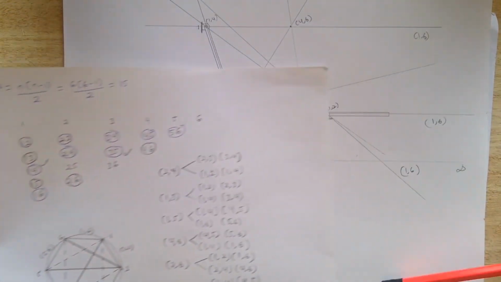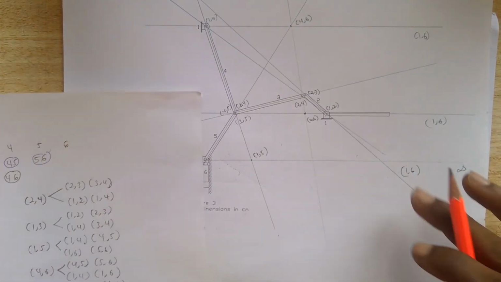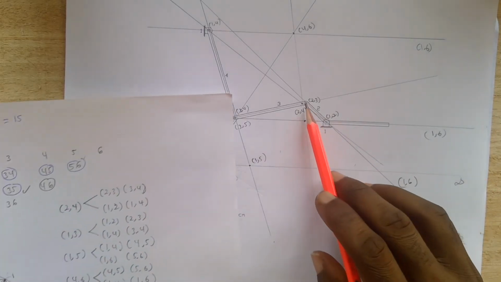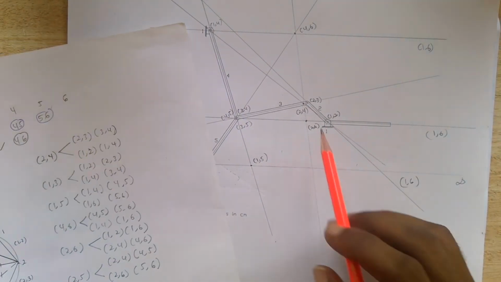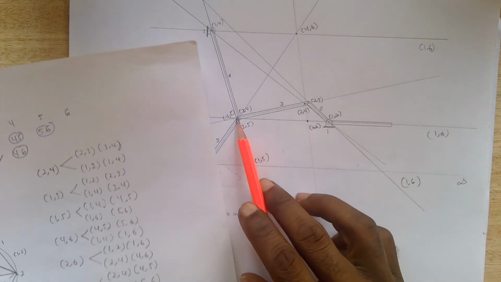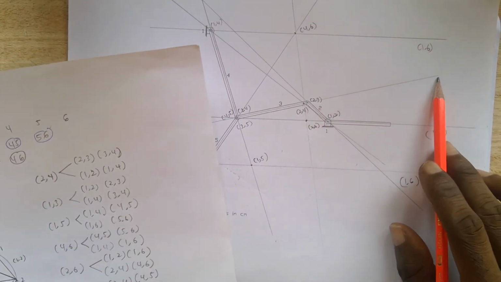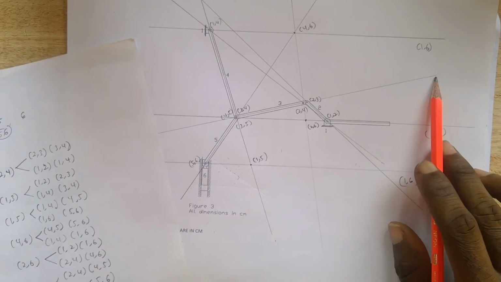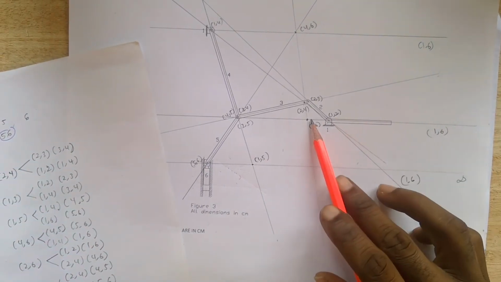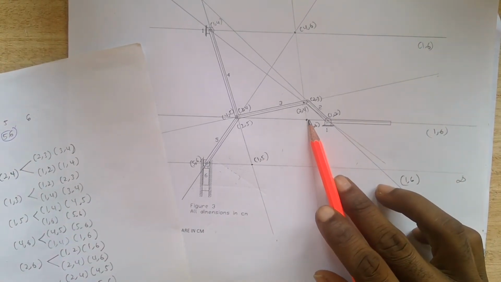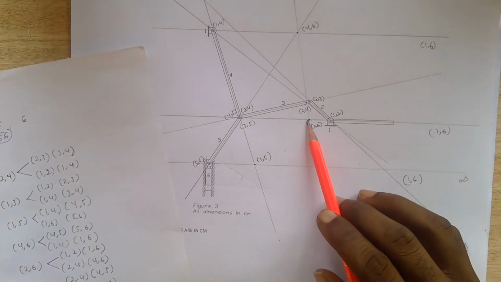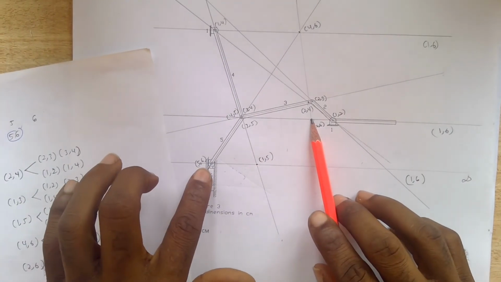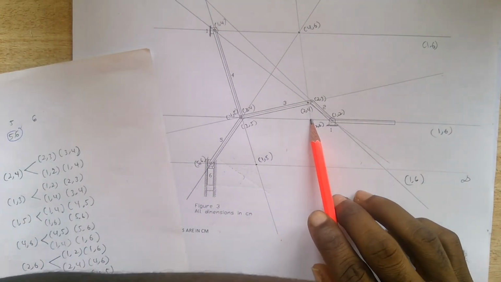Now let's go to the figure. So 2-4, 4-5. This is 2-4, and then where's 4-5? So this is 2-4, 4-5, which is this line here. And then now we need 2-6, 5-6. This is 2-6, and I need 5-6. So this is 2-6, and this is 5-6.